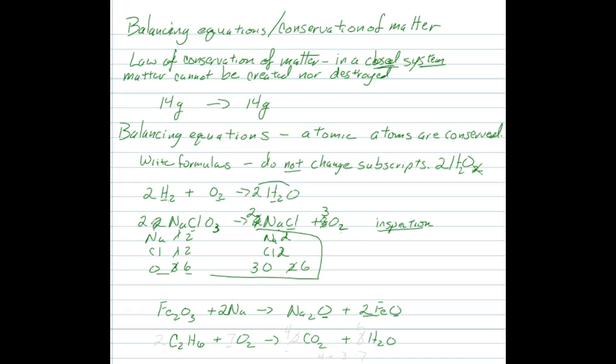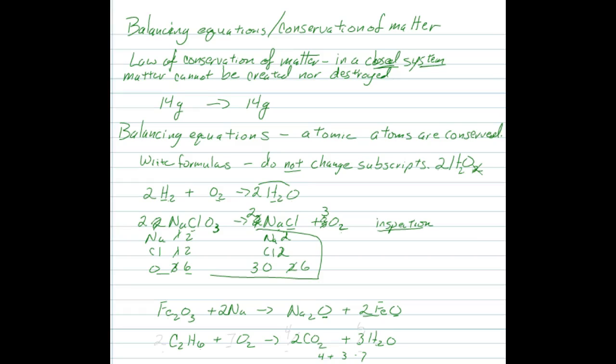You need 2 C's. The order you do these combustion reactions, you do it in order here. You do the carbons first, then the hydrogens, then the oxygens. So you have 2 C's, so you need to put a 2 there. The H's, that's 6, so you need to put a 3 there because 2 times 3 is 6. Now when you do the oxygens, you have 2 times 2 is 4 plus 3, that is 7.